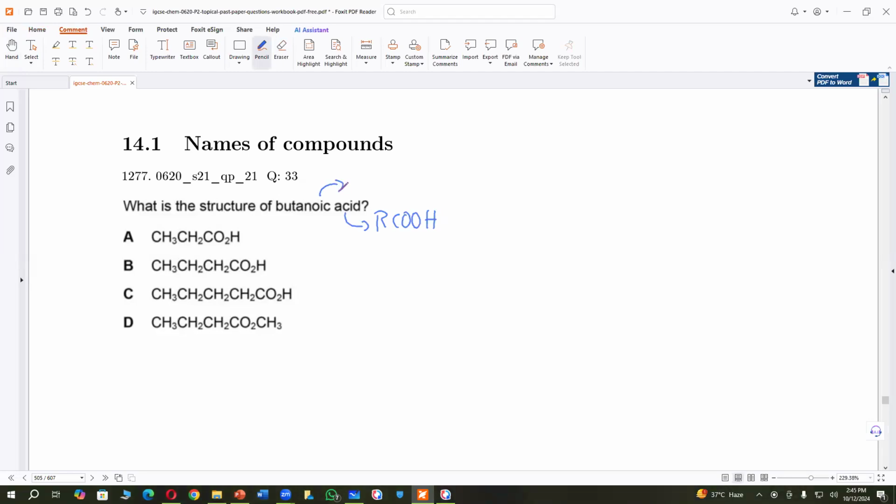Now I have to fill. But means 4, so I will do CH3, CH2, 2 carbon, CH2, 3 carbon, and then COOH. How do I know that I have to fill 4 carbons?